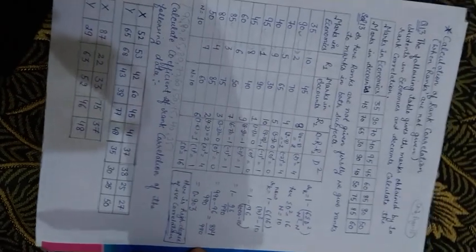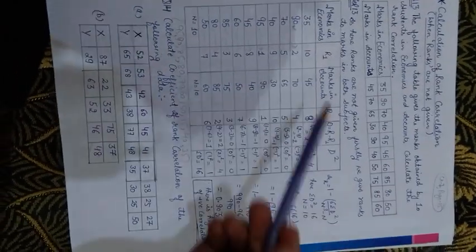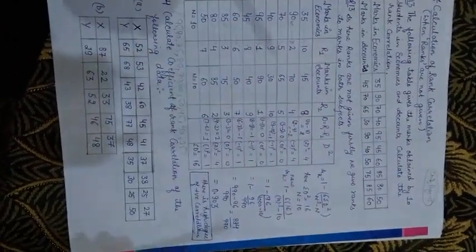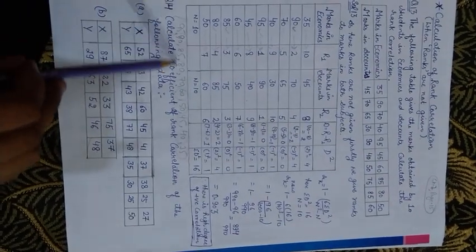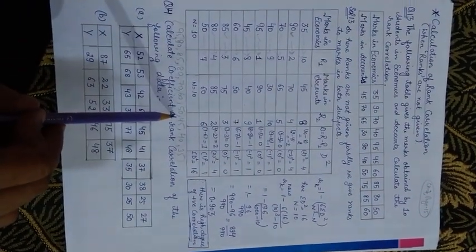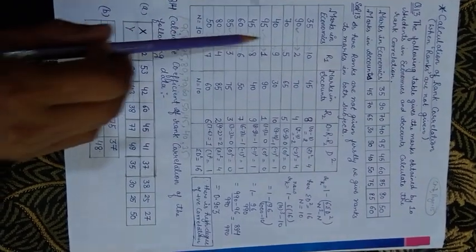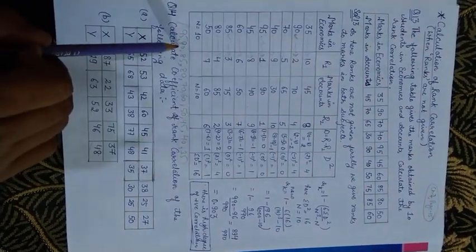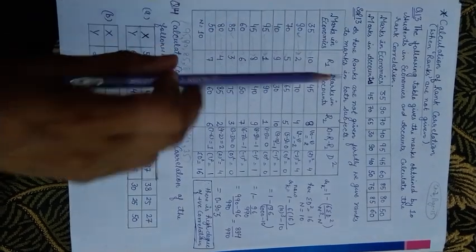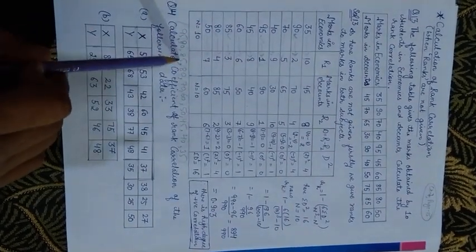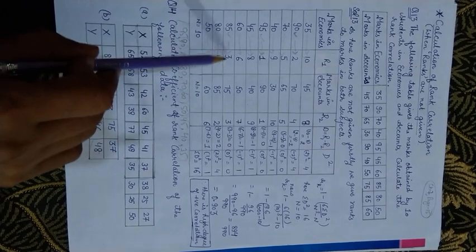Hope you are getting it. I have told you two ways. Either you can write directly here, or first arrange in descending order in the rough corner. Then 95 will get rank 1, you write 1 here. 90 will get rank 2, in front of 90 you write 2. 85 will get rank 3, in front of 85 you write 3.